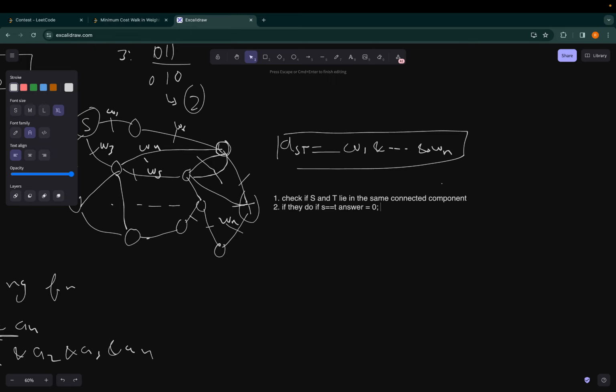And if they are in the same connected component, return the bitwise AND of all edges in the component, right?